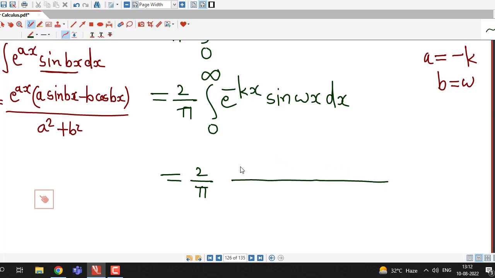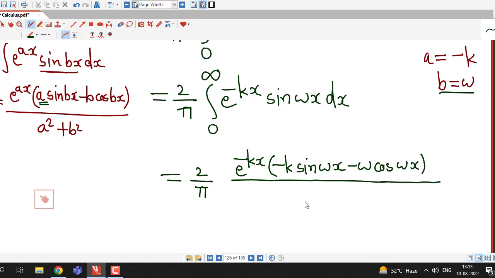So 2 divided by pi e raised to minus kx, a is minus k, so we put minus k sin(omega x) minus b, b is omega, and here the cos function: minus omega cos(omega x), divided by minus of k square plus omega square.